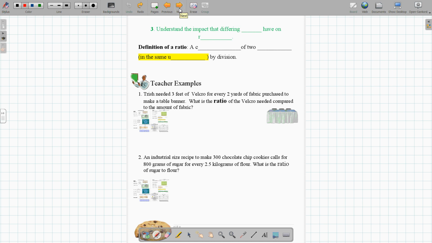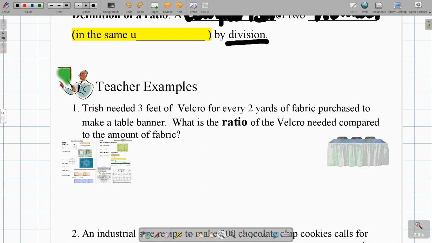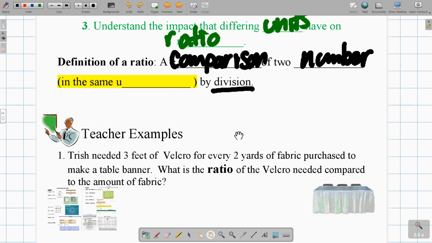Remember, when you use ratios, you have to be careful with differing units. Differing units have an impact on ratios. Remember, a ratio is a comparison of two numbers by division. But I'm going to add one caveat here.